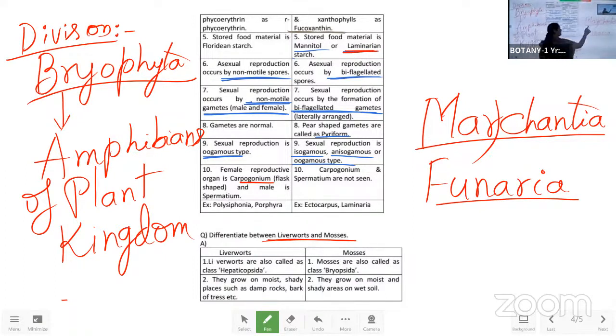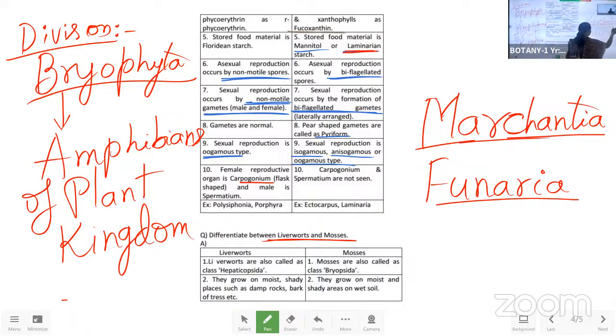Okay, Marchantia. This word can be split into two, but you have to join those and give one name only. The organism name is only one.